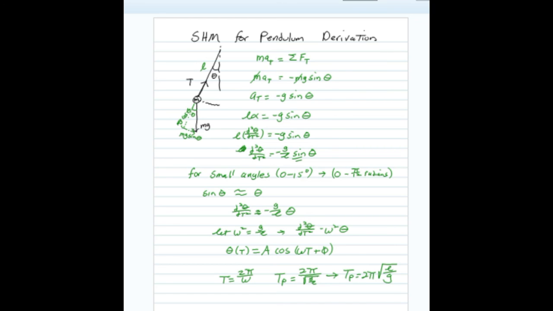So it shows that the longer the length, the longer the period will be, and the higher the acceleration due to gravity, the shorter the pendulum period will be. If you think about that conceptually, it definitely makes sense, and it checks with our physical reality. If you've been on a swing set before, you understand that this is the case.